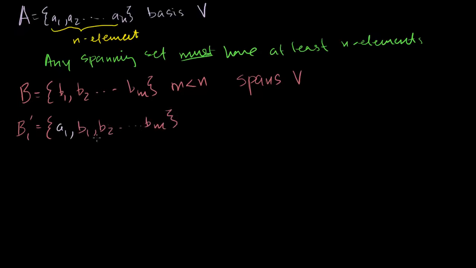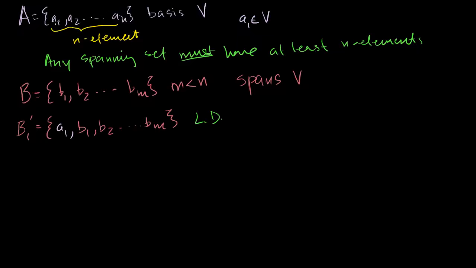Now, I think you and I could both agree that this set is linearly dependent. How do I know that? Linear dependence means that at least one of the elements of the set can be represented as a linear combination of the others. Well, A1 is one of the basis vectors for V, and all of the basis vectors are members of V. If this set is a basis for V, then it spans V, or every member of V can be represented as a linear combination of these vectors.